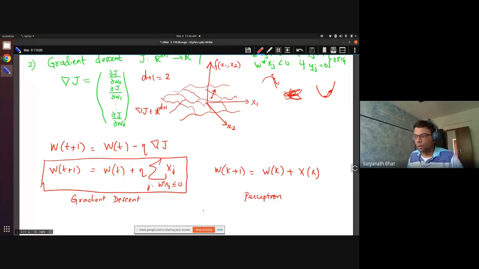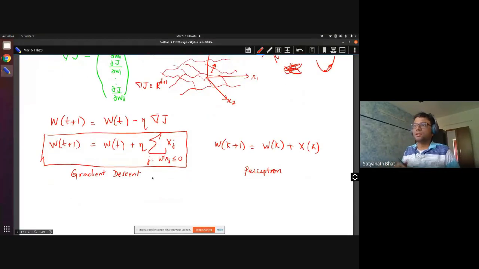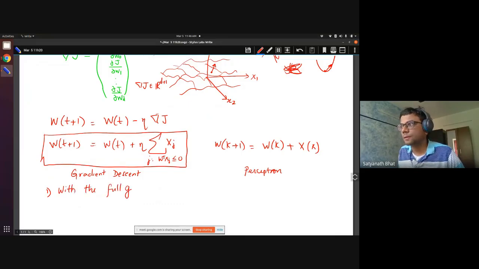Now, in optimization, when you take the complete gradient, the full gradient across all the points, that is called batch gradient descent. So this one with the full gradient, we have what is called batch.